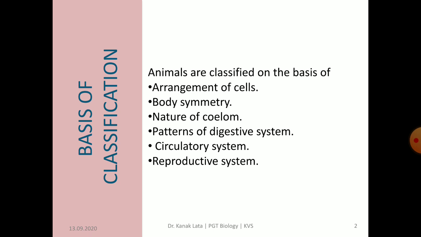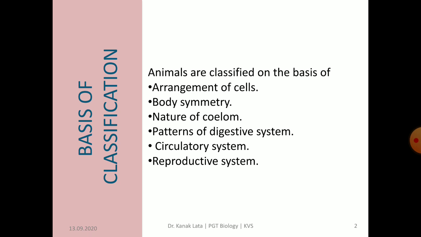But in a complete digestive system, there are two different external openings, that is the mouth for intake of food and the cloacal aperture or anus for elimination of feces. Another basis is circulatory system. It may be of closed type or open type.